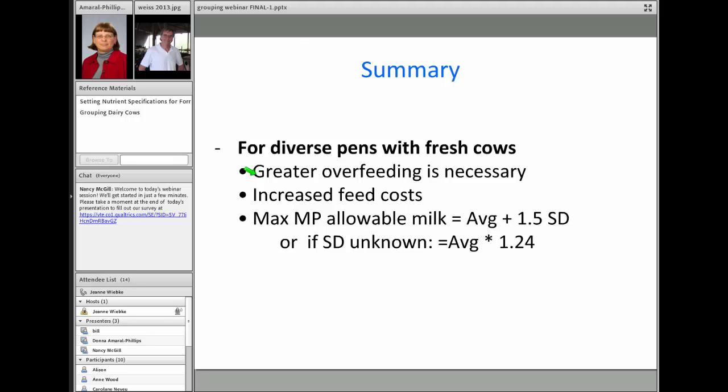But if you can't, you have to overfeed, increase feed costs, but that should in the long run result in better milk production because you did not shortchange fresh cows. So for these groups, maximum MP allowable milk is actually the average milk production plus 1.5 standard deviations, not 1 like it would be if the pen didn't have fresh cows.